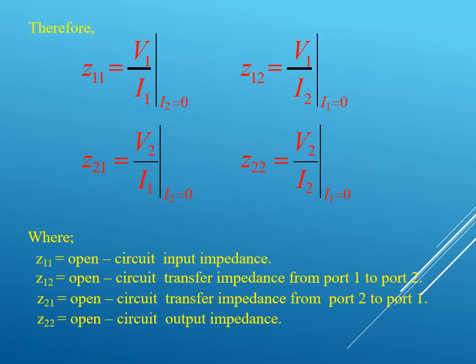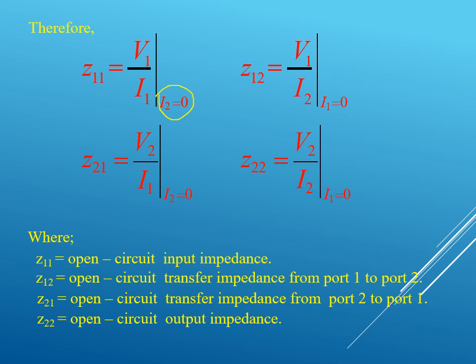Now from the equation we can find that Z11 is the ratio of V1 and I1 when I2 is equal to 0. Here I2 is 0 means we have open circuited the output port to determine the ratio of V1 and I1, that is Z11.